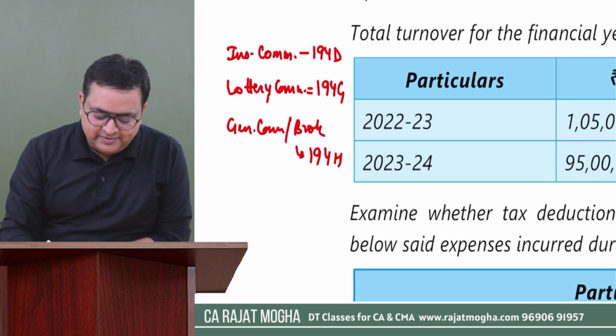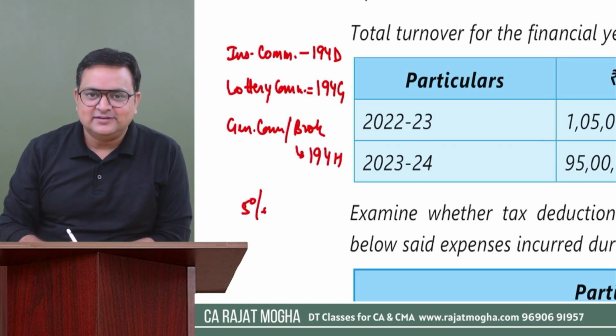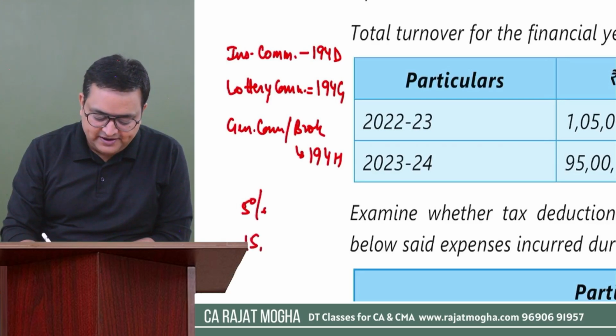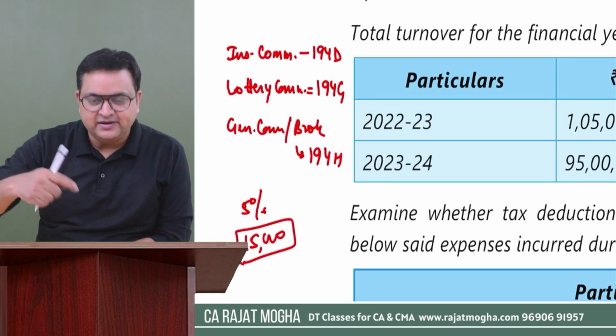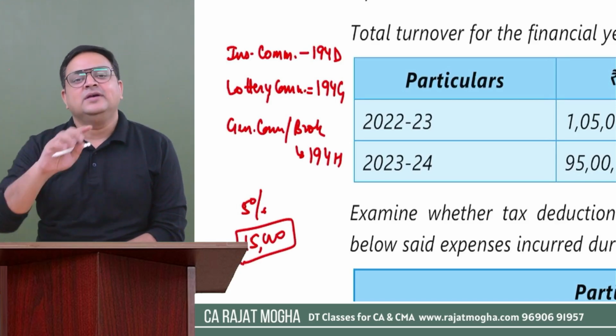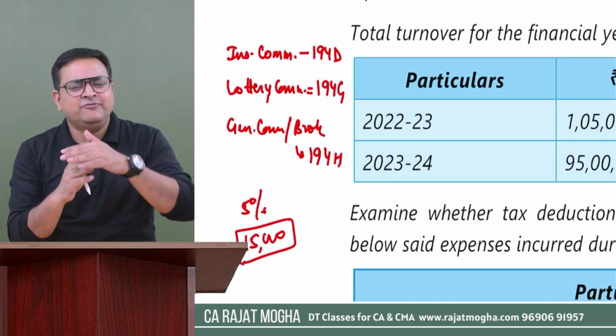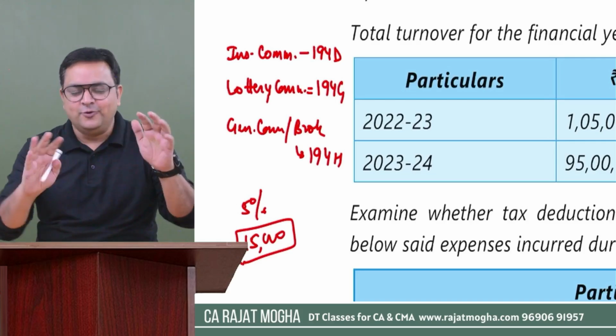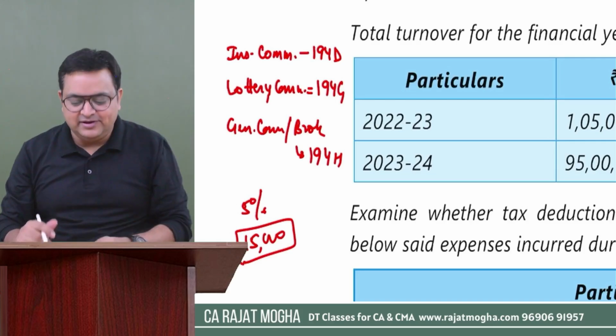Here, the similarity is that in all these three sections, the rate of TDS is 5% and the threshold limit is 15,000. And if in a year you are paying more than 15,000 rupees, then TDS will be applicable. Please note, if we are paying exactly 15,000, no TDS. More than 15,000, then TDS will apply.